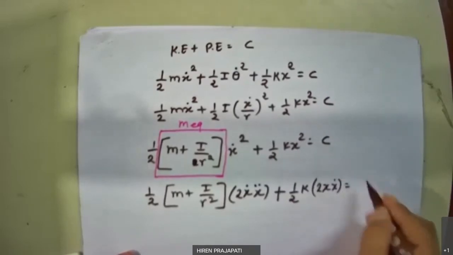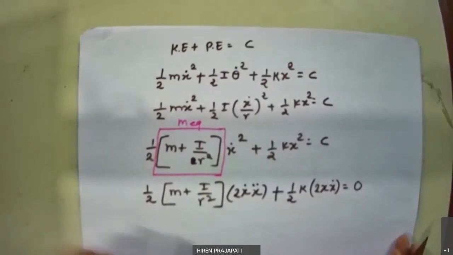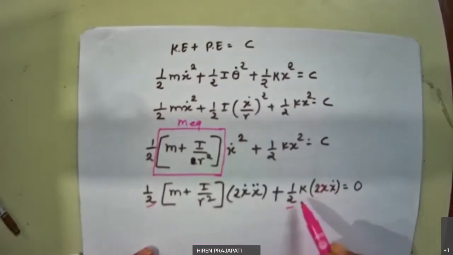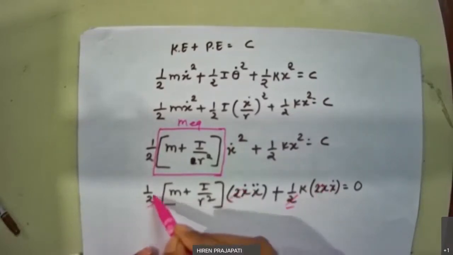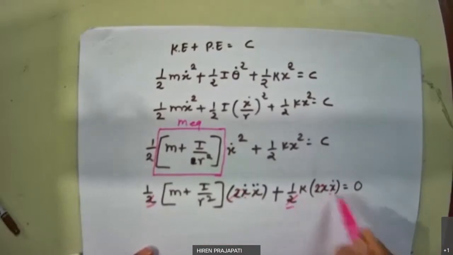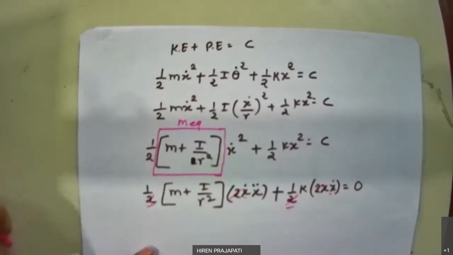Differentiation of constant is 0, right? Now in this equation, this 2, this 2, this 2 and this 2 cancel out. Now this x dot is common, I take it common, move it to the right side, and that becomes 0.